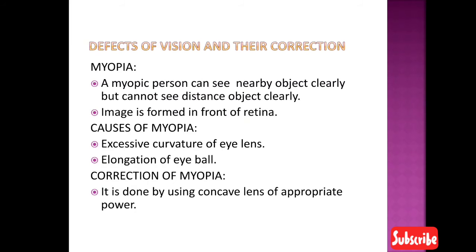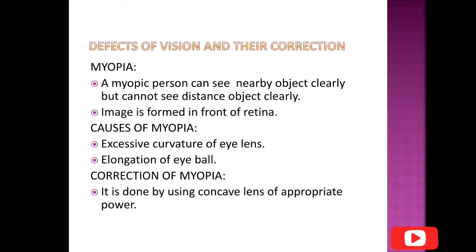Now let us discuss the defects of vision and how these defects can be corrected. The first defect is myopia. A person suffering from myopia, or a myopic person, can see nearby objects clearly but cannot see distant objects clearly, and the image is formed in front of the retina.